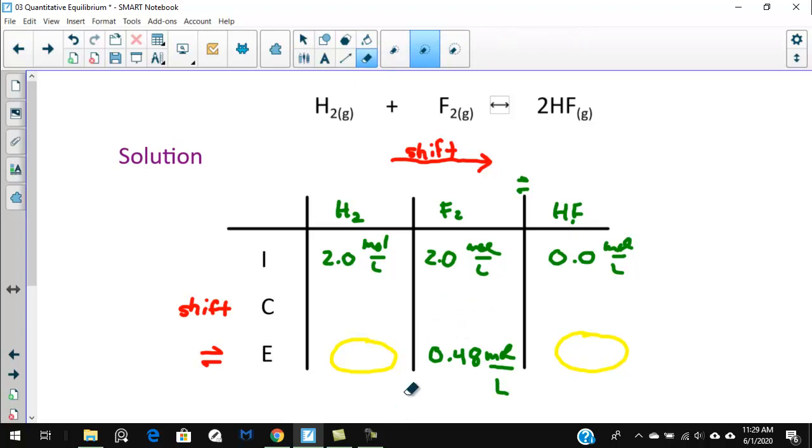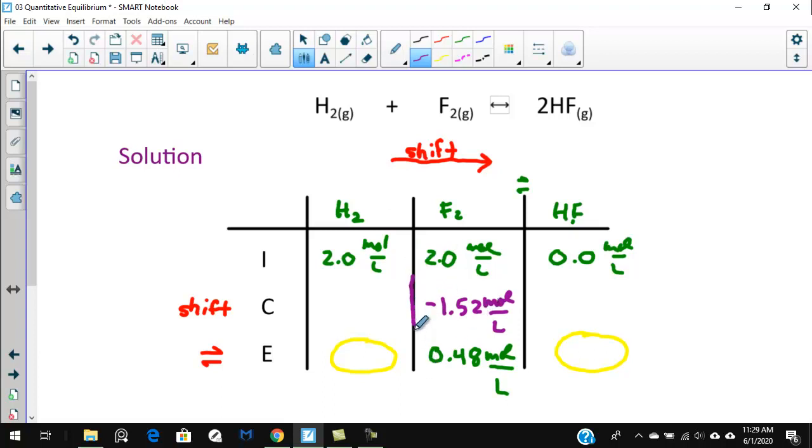Well, we have 0.48 left. We started out with 2 moles per liter. So that means we must have used up negative, I'm going to put a negative there because we used it up, negative 1.52 moles per liter. Okay. And then if you look down this column, 2 plus negative 1.52 is 0.48.